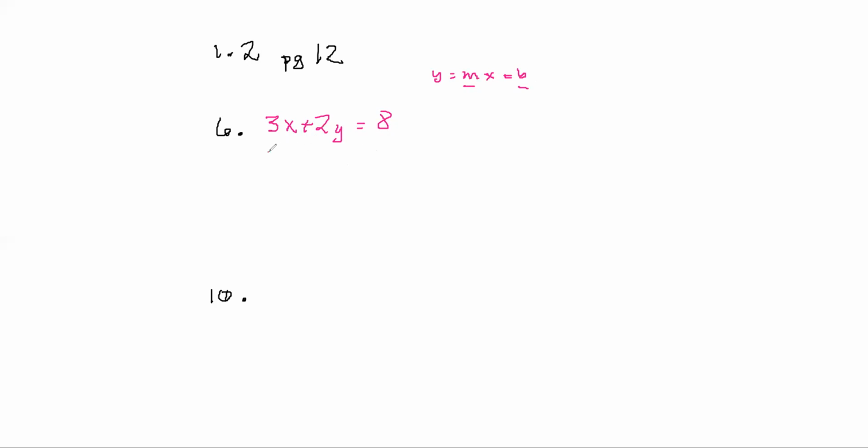So I am going to subtract 3x from both sides. I have 2y is equal to 8 minus 3x. I'm going to divide everything by 2. So I have y is equal to negative 3 over 2x plus 4.